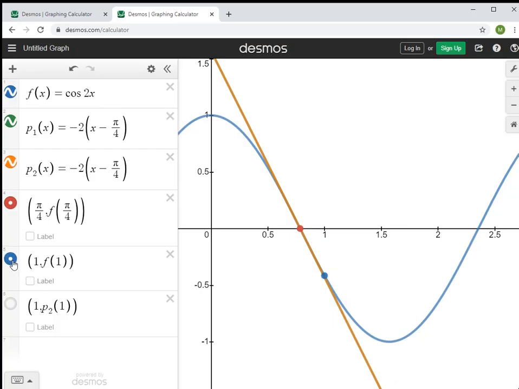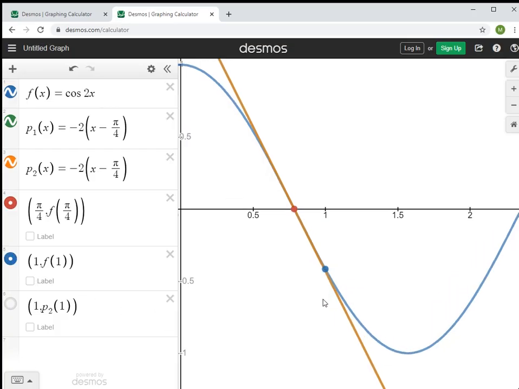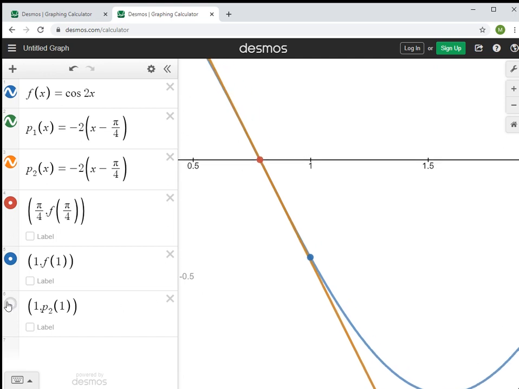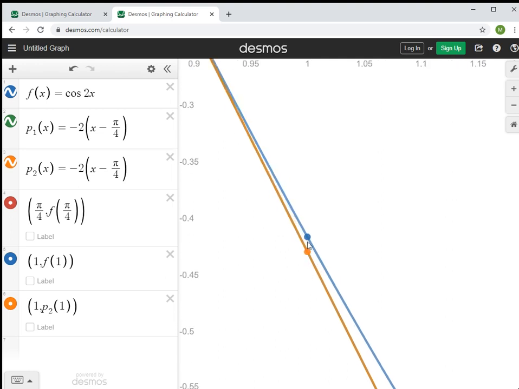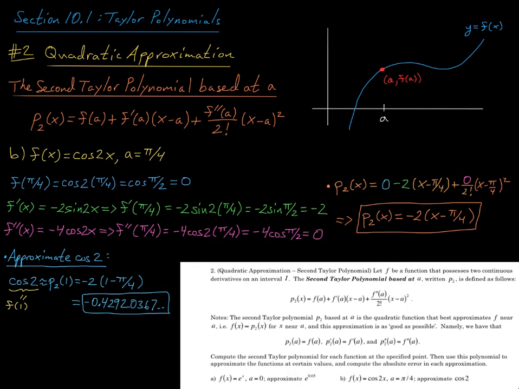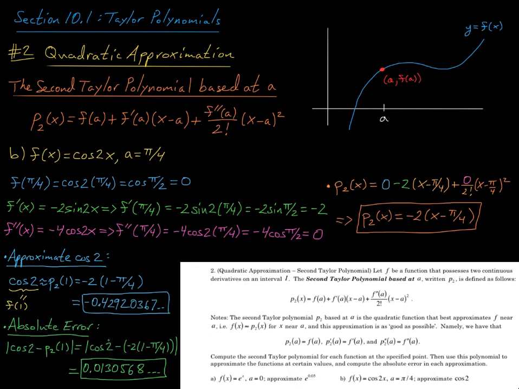Here on the graph, in blue, that's the point we're looking to approximate, and there's the corresponding point on p2 of x, which in this case is not a parabola but actually a line. We can see the gap looks more sizable there. If I look at the absolute error in this case, between the exact value and our approximation, it's about 0.0130, and so on. So that does it for this question.